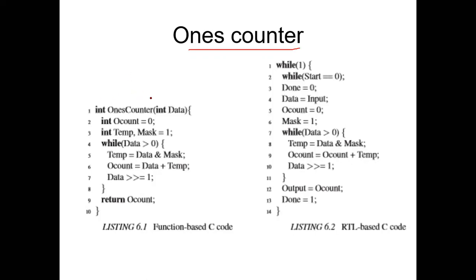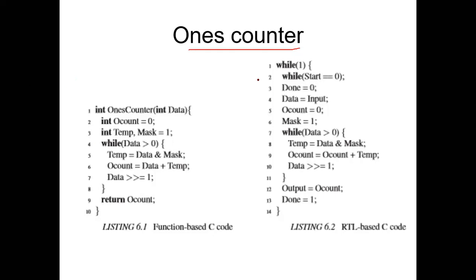Okay, so we are going to generate a ones counter. For that, how can we specify the input using C code? That's our first task. That means we are going to write the C code for a ones counter. Ones counter means you have to count the number of ones in the input data.